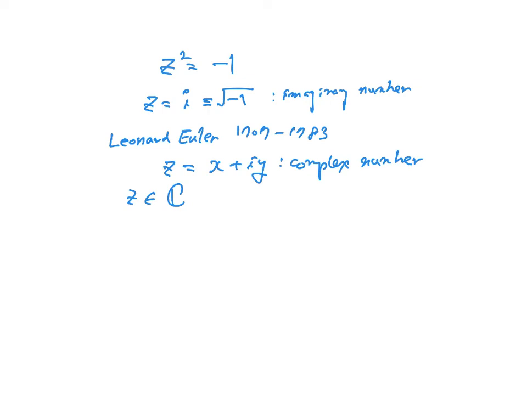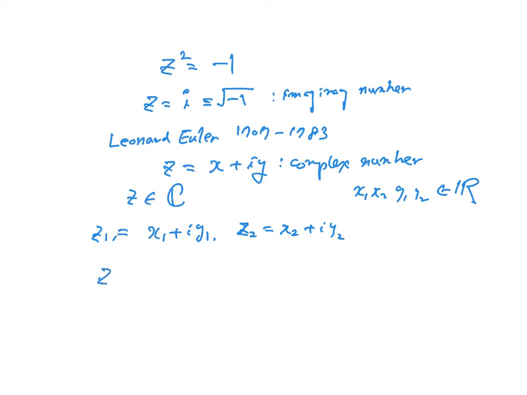And this number system is closed under the 4 arithmetic operations. So addition and subtraction: say z1 is x1 plus i y1, z2 is x2 plus i y2. So x1, x2, y1, y2 all belong to the real numbers.